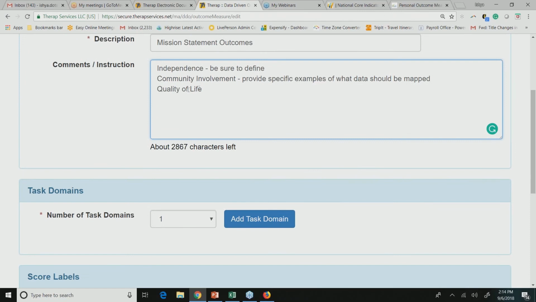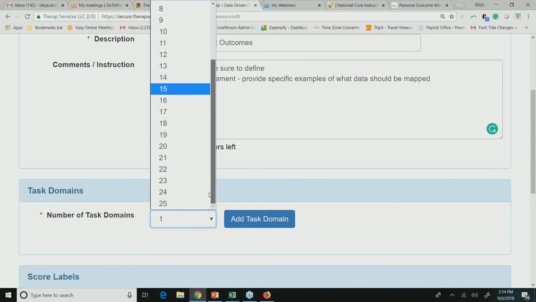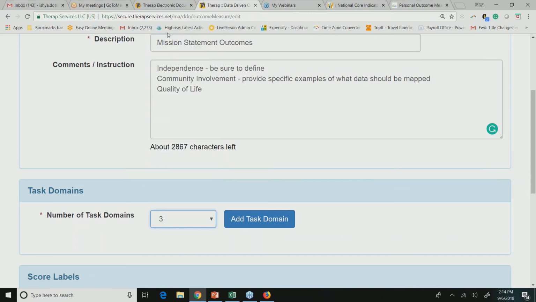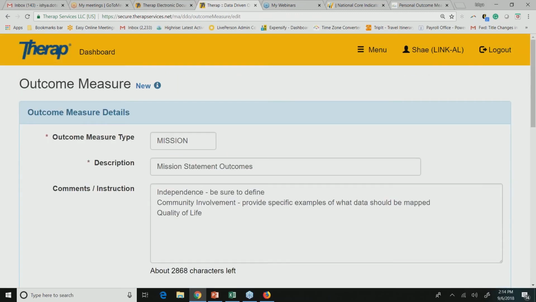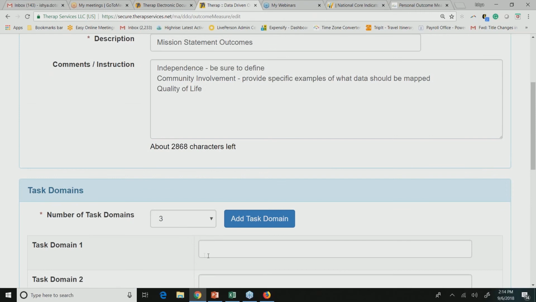So based on this, I've said that these are my three domains or categories of information that I want to track across my organization. And so I would come in here and say, I need to add some more domains. You have up to 25 different categories that you can create. I only want to do 3. And so I put in the number 3 and click on Add Task Domains. And I could come here and put in those different things.